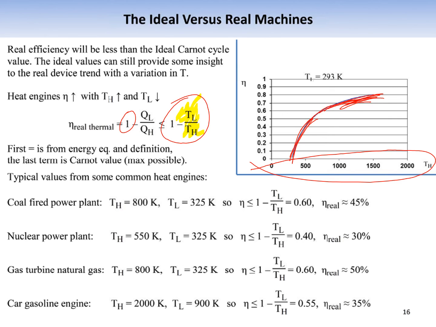If you continue increasing the temperature, it will get more flattened, and efficiency will not increase. So there is a limit to how much we can increase this Carnot efficiency using higher temperatures at the higher temperature reservoir.